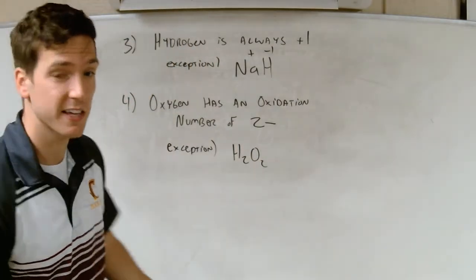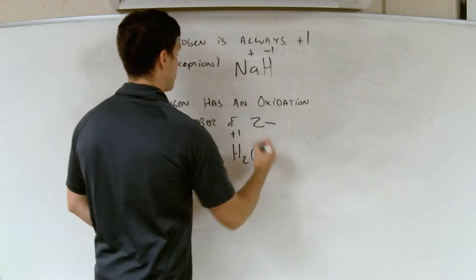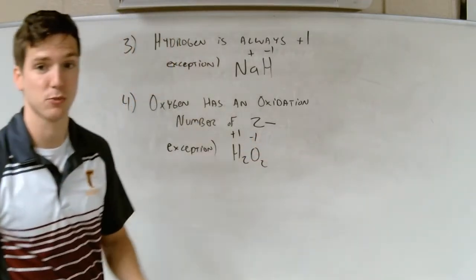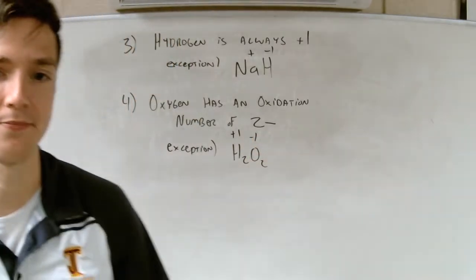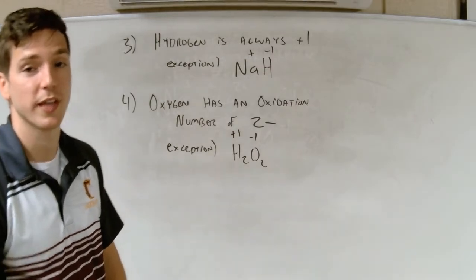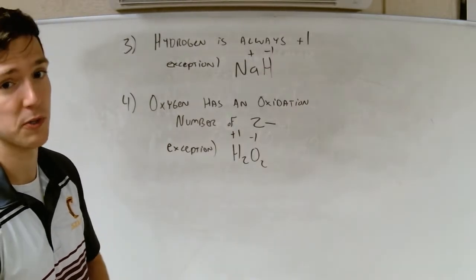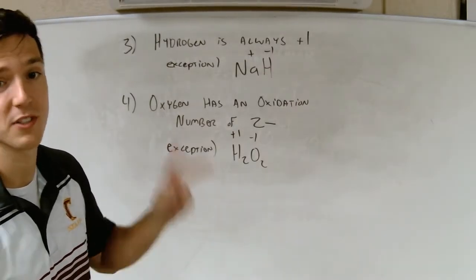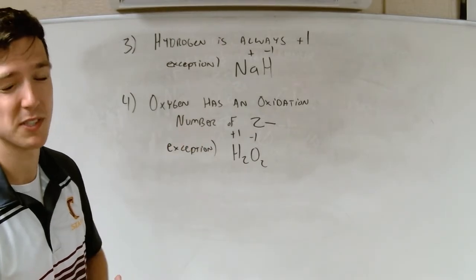In this case, hydrogen has a +1 oxidation number, and oxygen has a -1 oxidation number. So again, hydrogen is always +1, oxygen is always -2, except for those two specific instances.